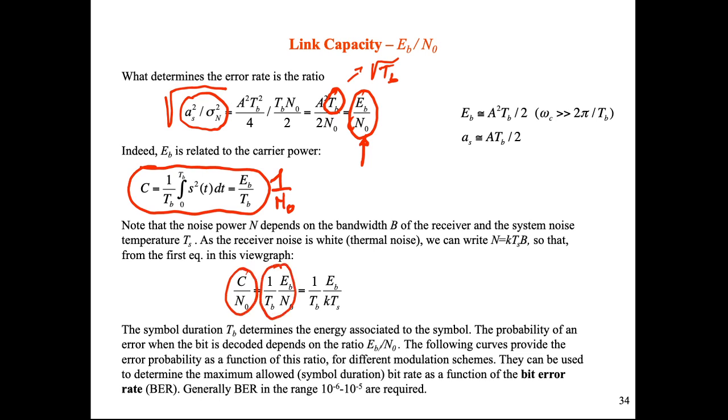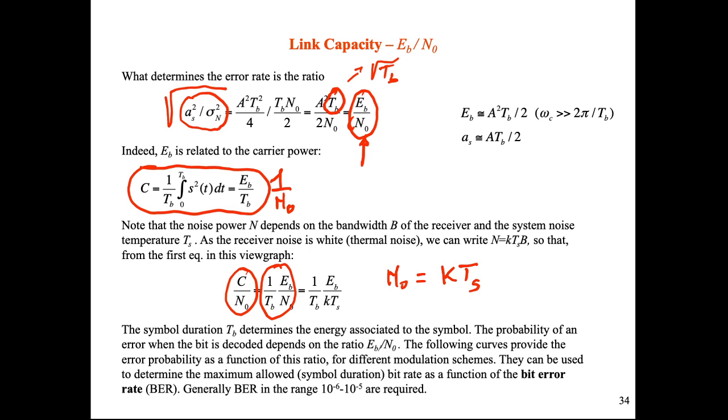Therefore, this is equal to 1 over T bit, E bit, divided by K system noise temperature, because we know that N0, the variance of the noise, is equal to K system noise temperature.